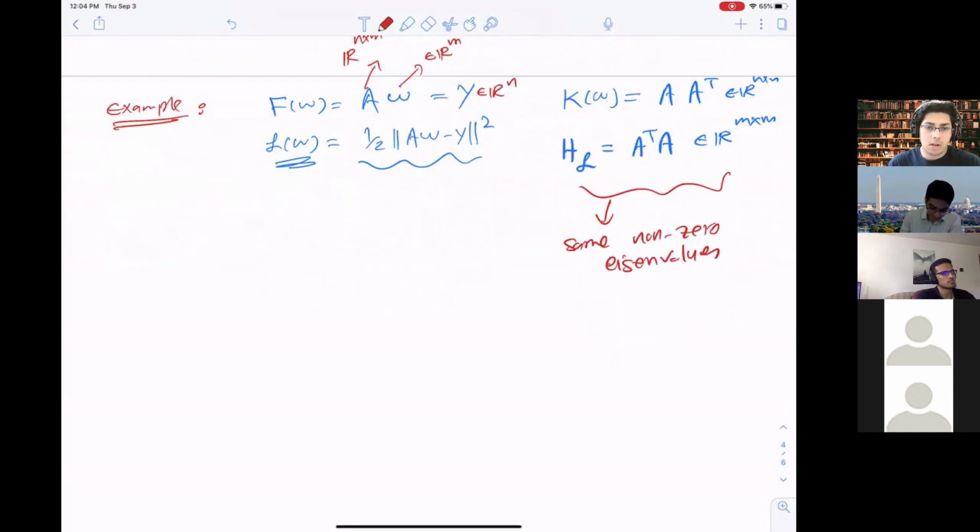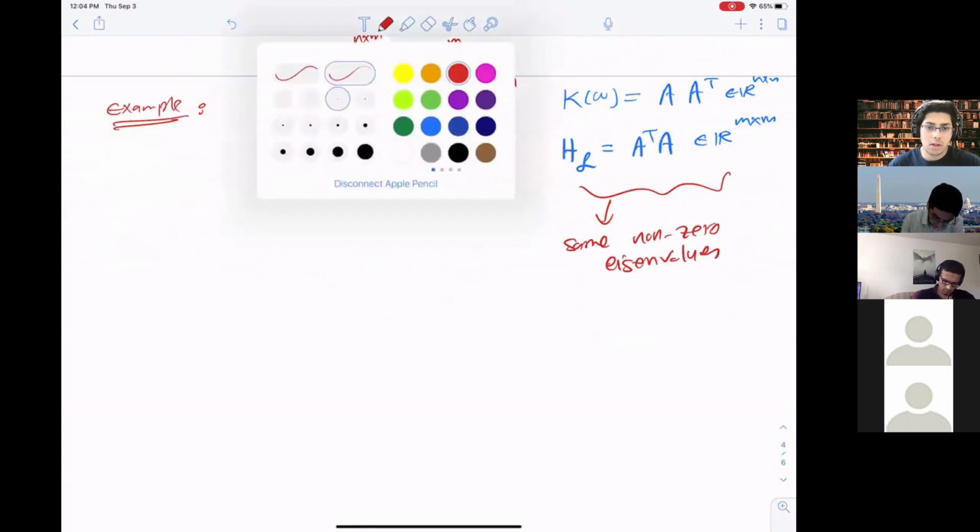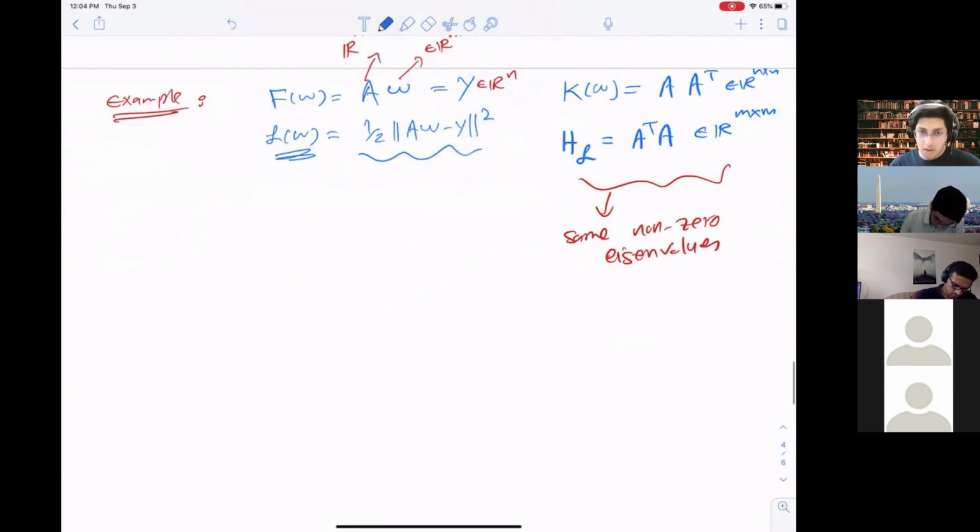Now let's look at the condition number for this system. Again, my condition number is the maximum eigenvalue of my Hessian over the minimum. Both of them are independent of W, so we can get rid of the supremum over W and infimum over W. In the numerator, I have the lambda max of the Hessian, but I know the lambda max of the Hessian is the same as the lambda max of my tangent kernel, because both of them have the same non-zero eigenvalues.